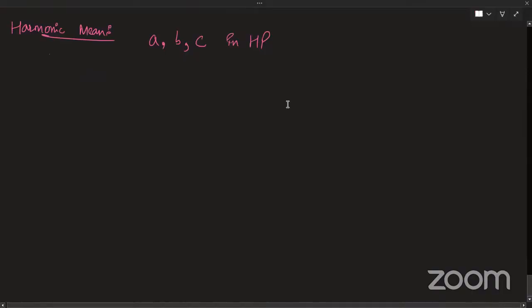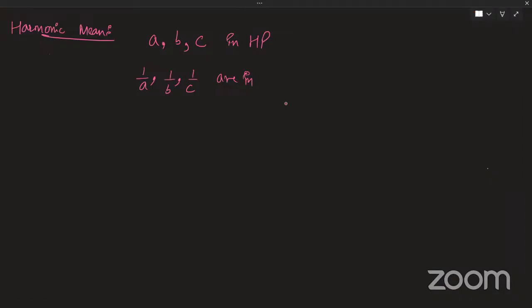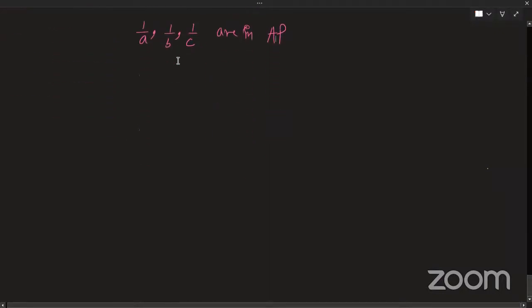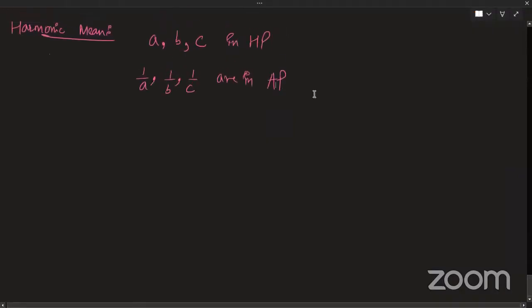So I am assuming that A, B, C, 3 numbers, are in harmonic progression. That would mean that 1 by A, 1 by B, 1 by C are in AP.